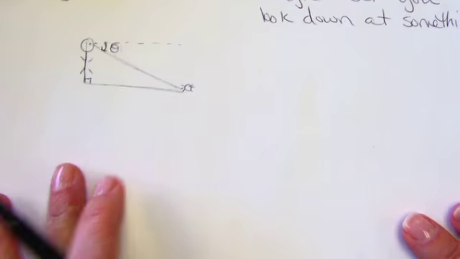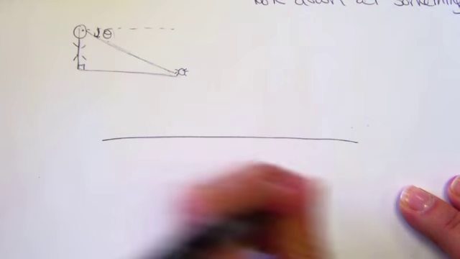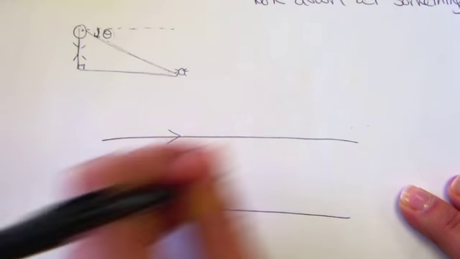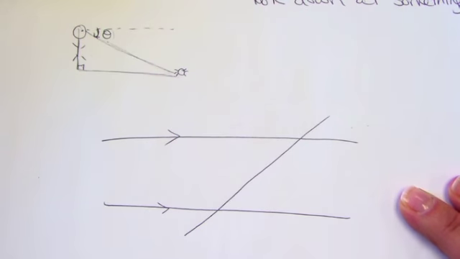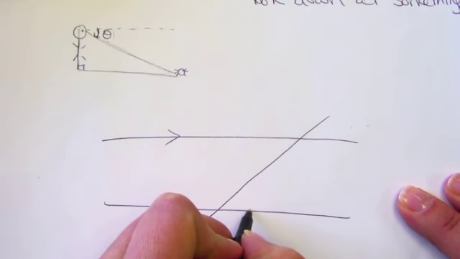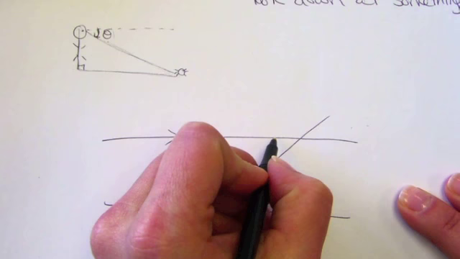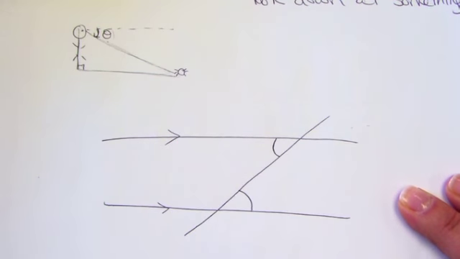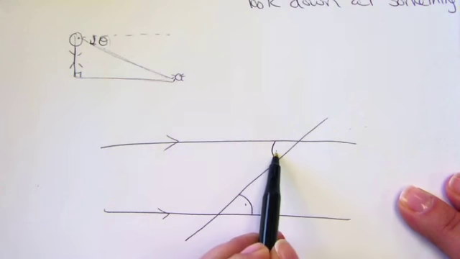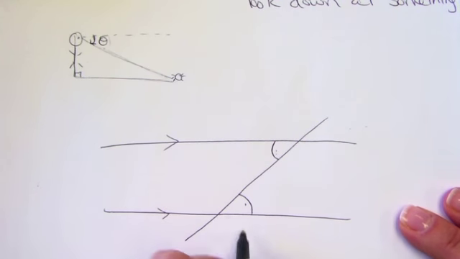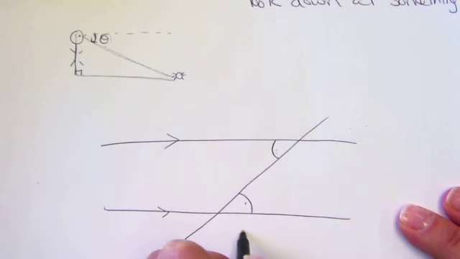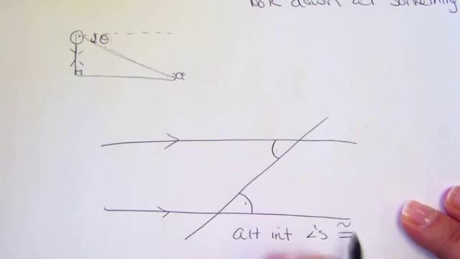And if we use past knowledge and we look at parallel lines cut by a transversal, if you think of this as the angle that you look up at something, this is the angle that you look down, you can see that these two angles are congruent because they're alternate interior angles. So we know that alternate interior angles are congruent.